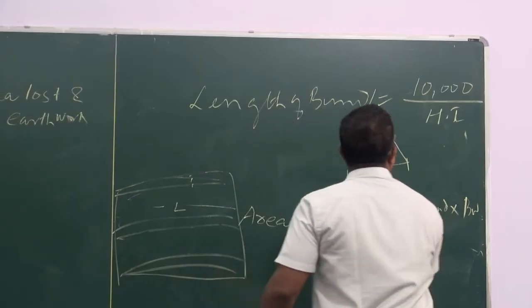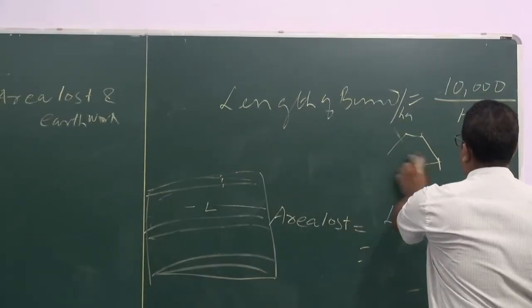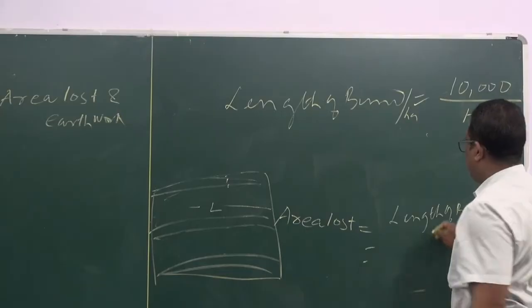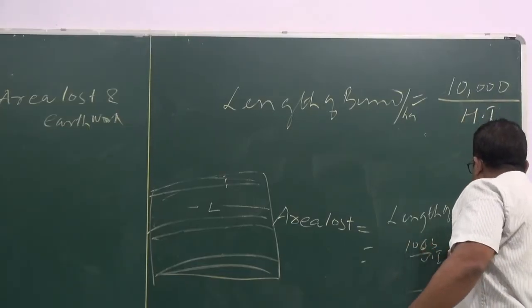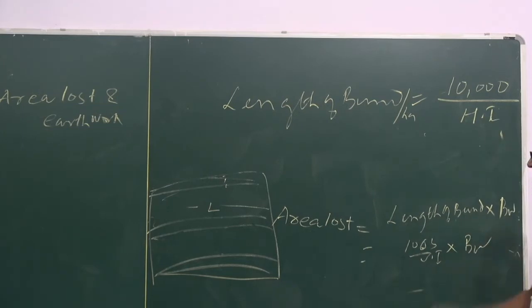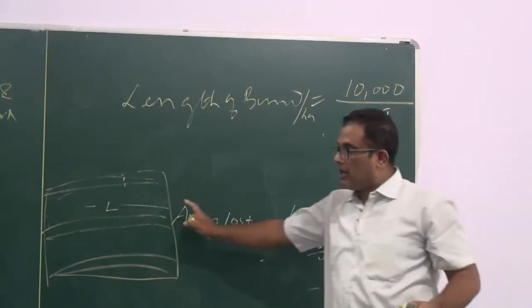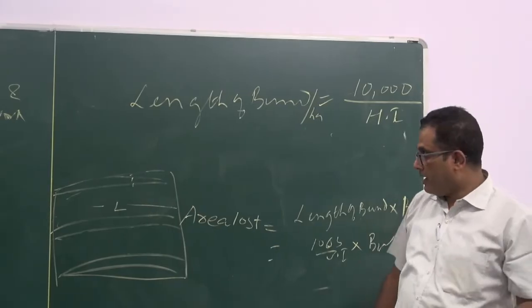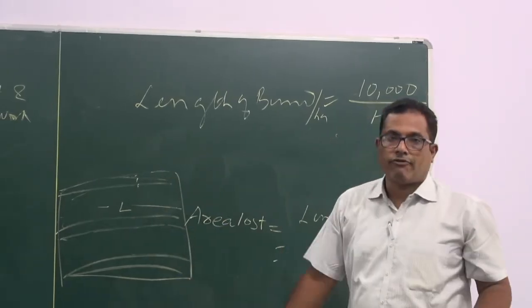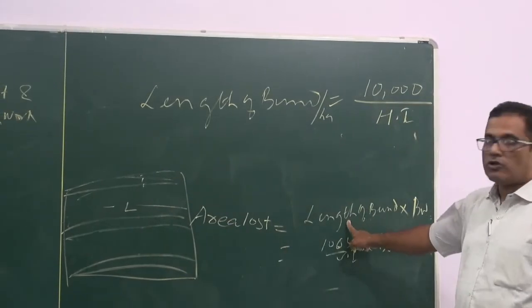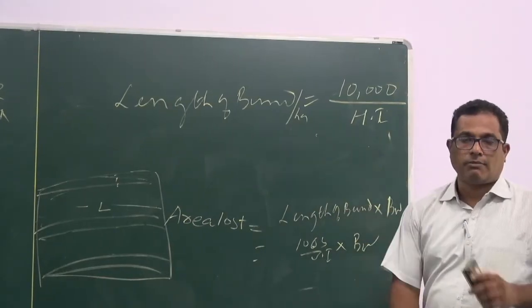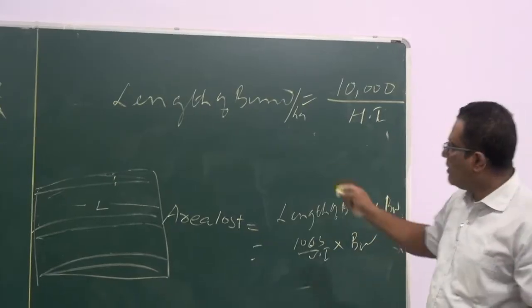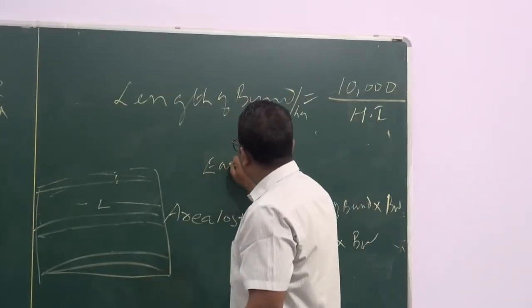So what is the length of the bund? We have found it out. It was 100 S by Vi, into the bottom width. This way we can find the total area lost because of bunding, and we can also find the earthwork. Earthwork, if you know the length of the bund and the cross-sectional area of the bund, we can find how much earthwork there is.